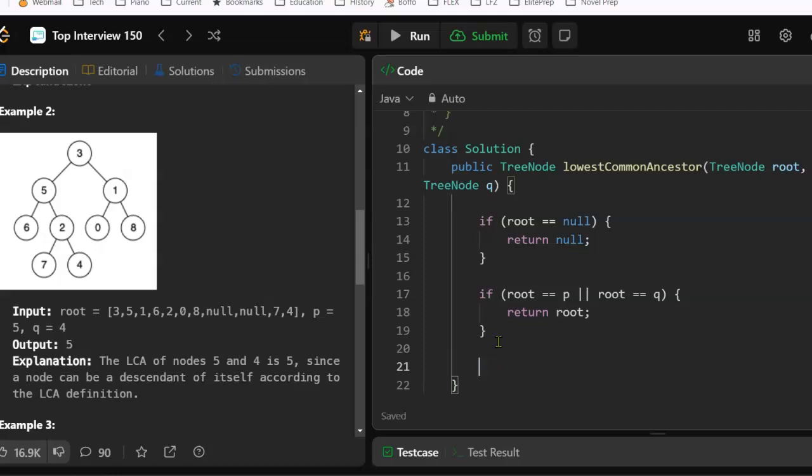Otherwise, we're going to look at the left subtree and the right subtree.